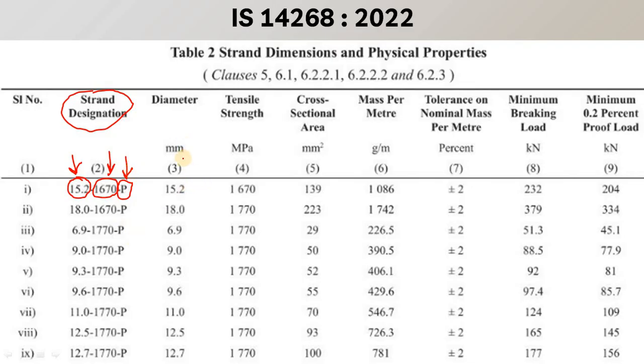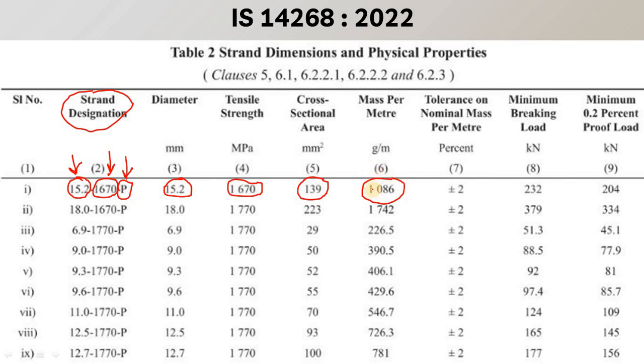Coming to column number 3, as we have already seen, this is the diameter of the strand wire, 15.2 mm. Column number 4 is the tensile strength or tensile capacity of the strand wire, that is 1670 Newton per mm square or MPa. Then column number 5 shows the cross-section area of the strand, that is 139 mm square. Then column number 6 shows the mass per meter, or weight per meter, in gram.